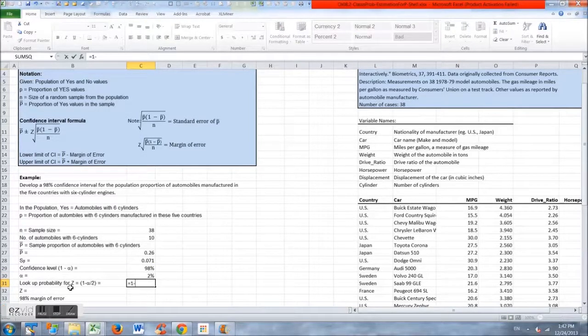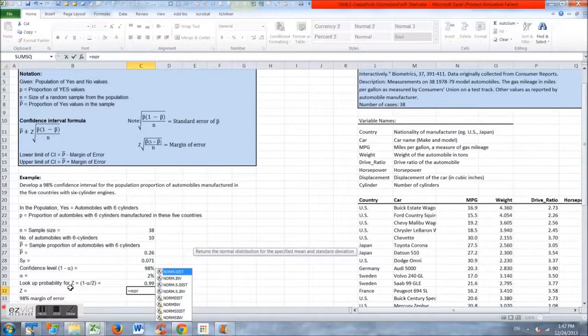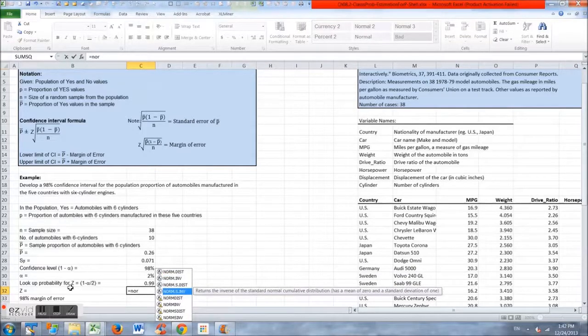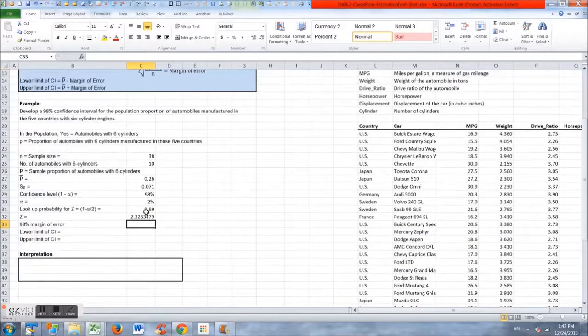Then 1 minus alpha over 2 will be the cumulative probability of the right hand side in the normal distribution. And that is the probability that we have to use to find the z value. The z value is found using NORM.S.INV for that probability. So that gives us the z value.